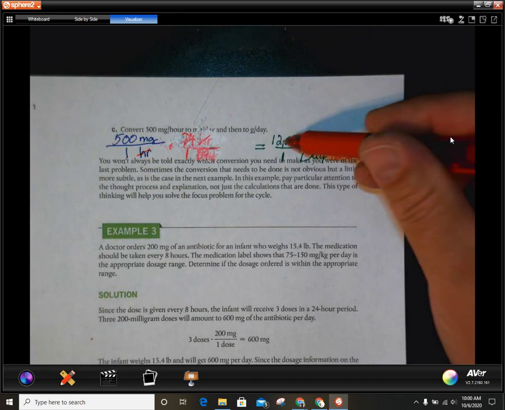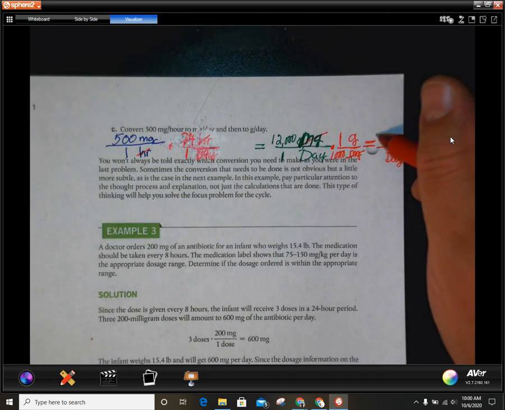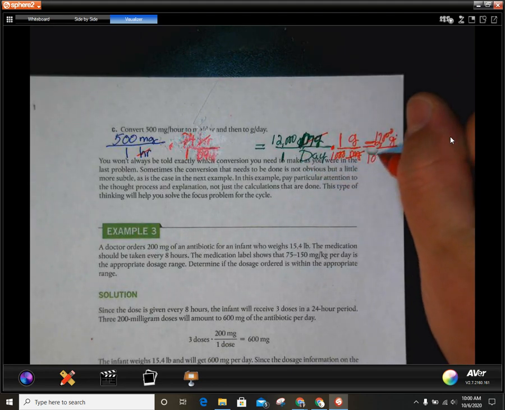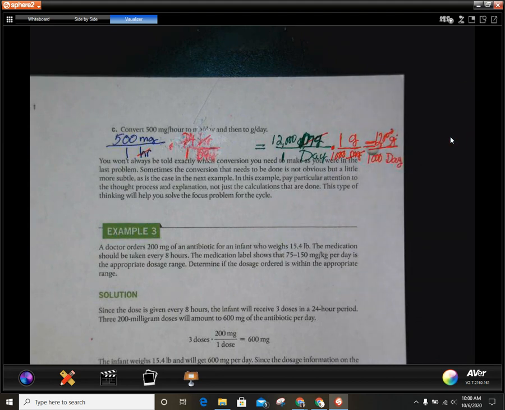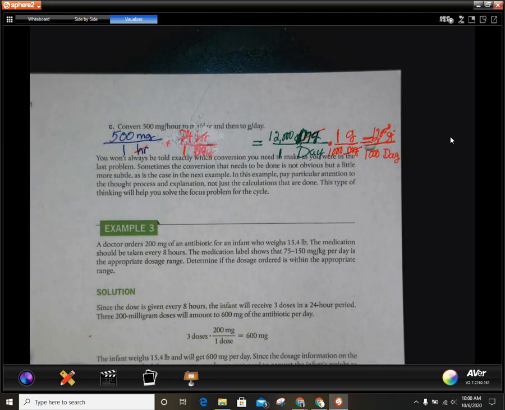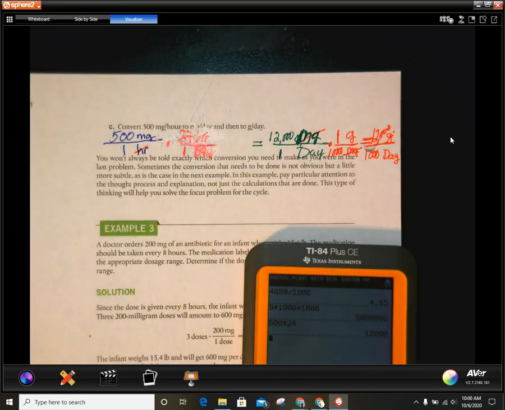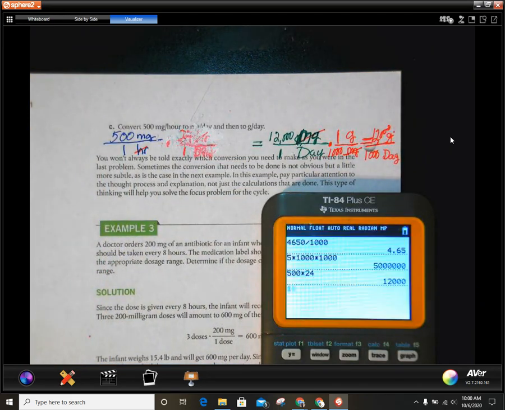Okay, so I got 120 times 1 gives me 120. 1 times 1,000 is 1,000. And I need to reduce, 120 divided by 1,000.